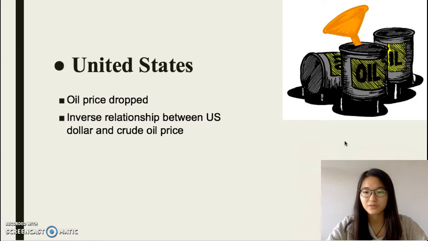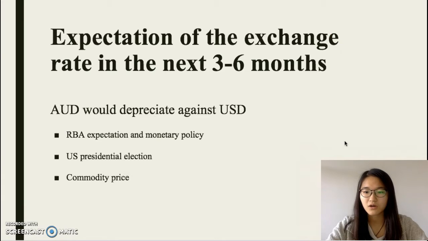When oil price drops, the US dollar would appreciate. So overall, as we talked about, due to the RBA's continuous cash rate cuts, the expectation of an interest rate increase in the US after the presidential election, as well as dropping commodity prices, we expect the Australian dollar would depreciate against the US dollar in 3 to 6 months.